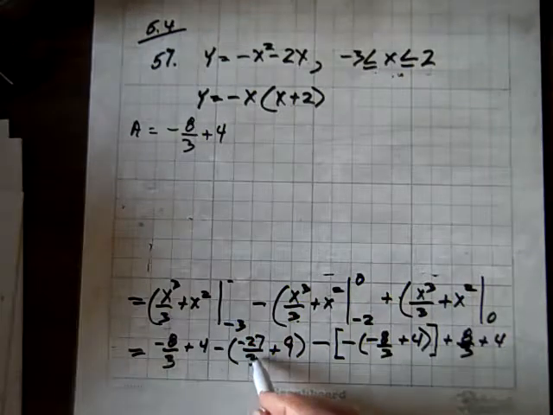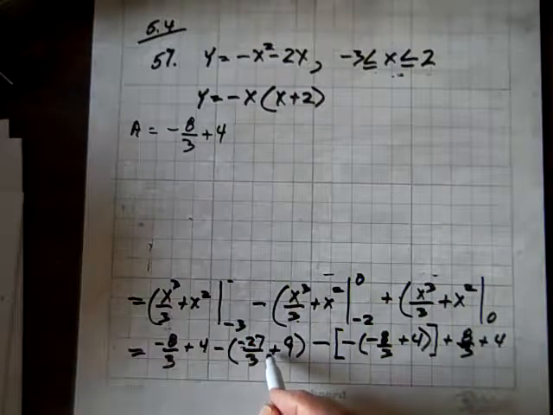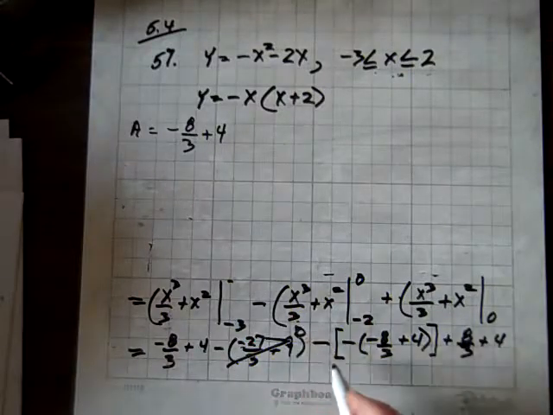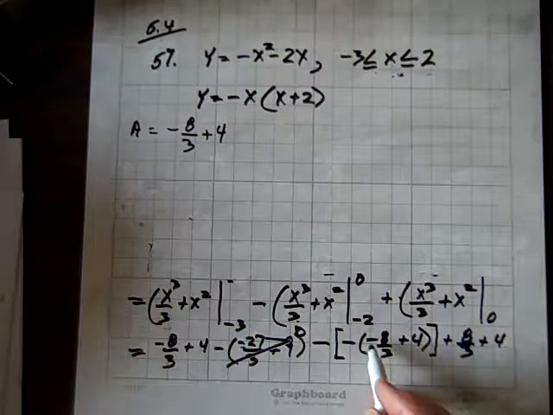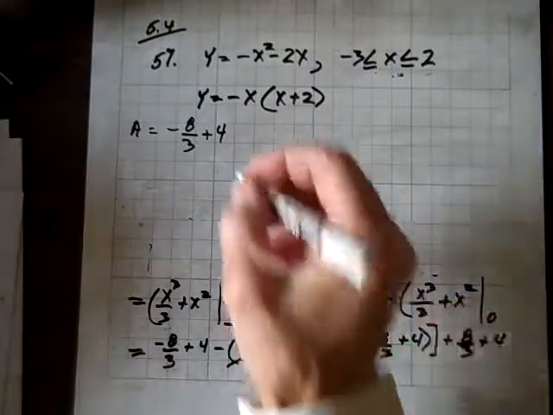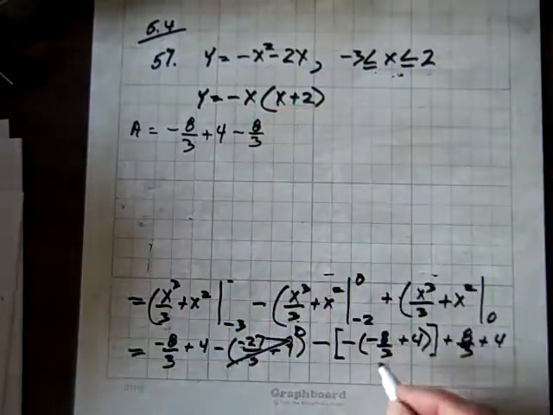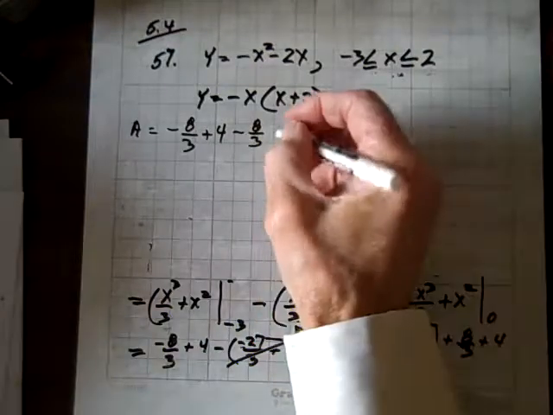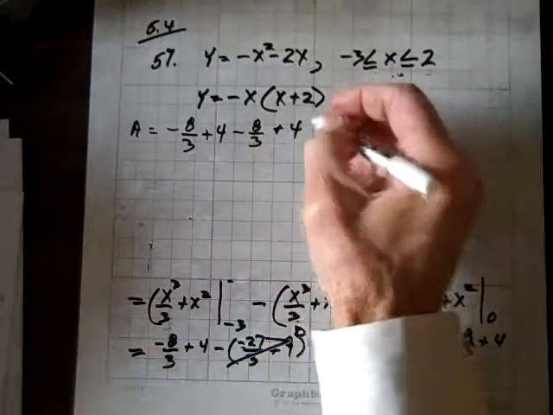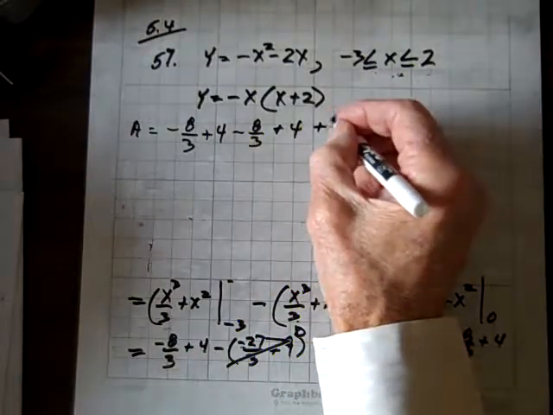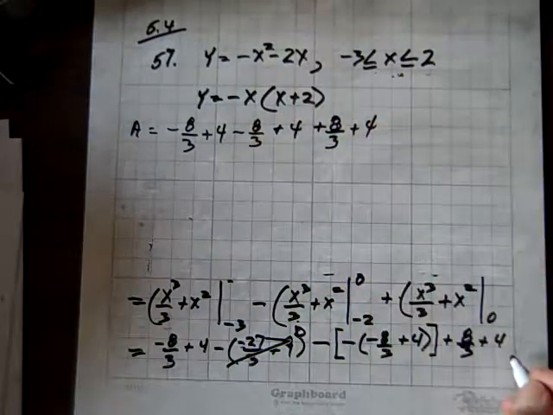Now, if you divide 3 into 27, you get 9, and that's going to be a negative 9 plus 9 is 0, so this thing just goes to 0. And a minus times a minus is a plus, and plus times negative 8 thirds is negative 8 thirds, and plus 4. And then adding these, I get plus 8 thirds, and finally plus 4.